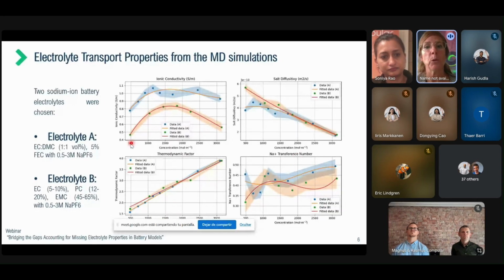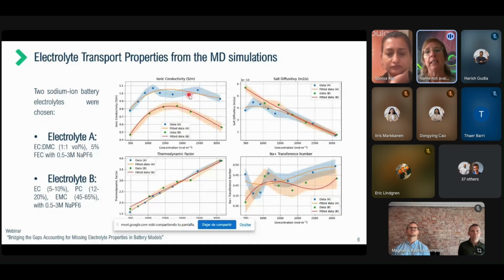And the good thing is that we were able to cover ranges with very low concentration of the sodium salt, and highly concentrated sodium salt. So two electrolytes were selected, in which we changed the solvents, but also one additive that was missing here, and then we varied, as I was mentioning, the salt concentration in the sodium PF6.